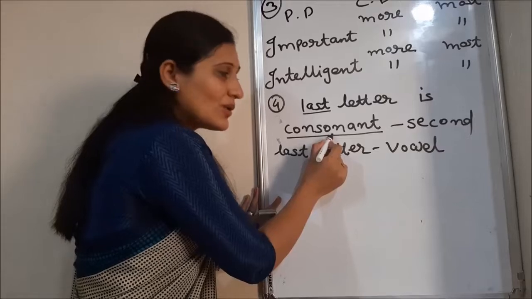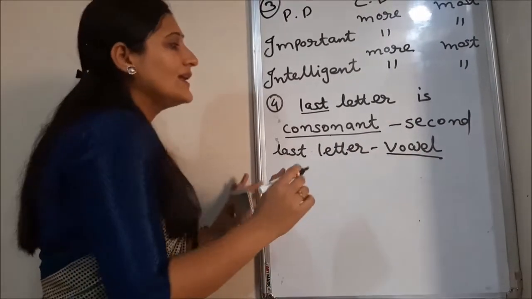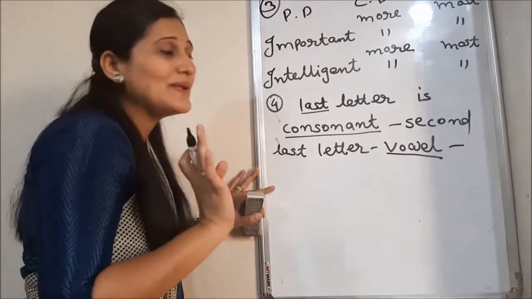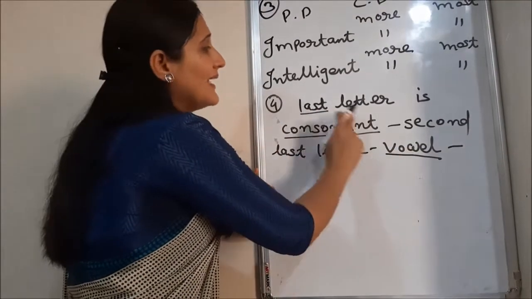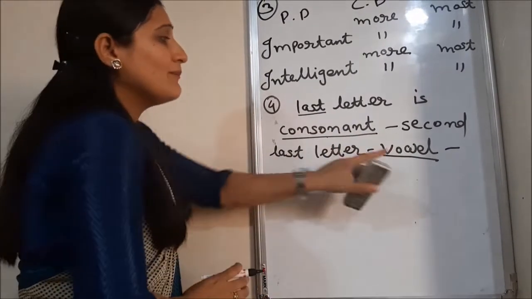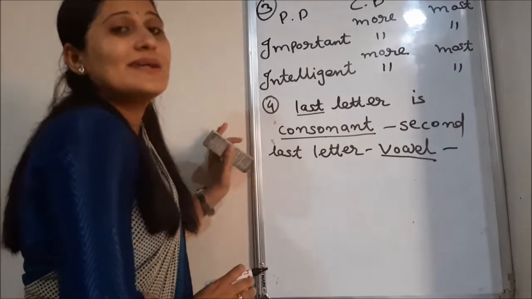If the last letter is a consonant and the second last letter is a vowel, then you need to double the last letter. Let me repeat.